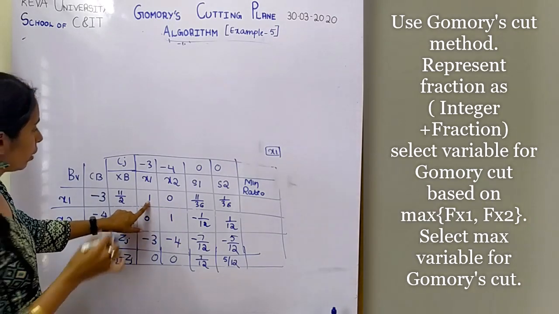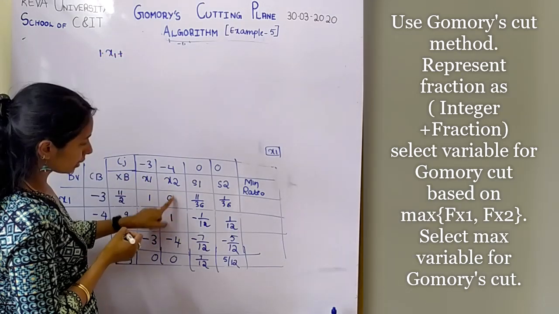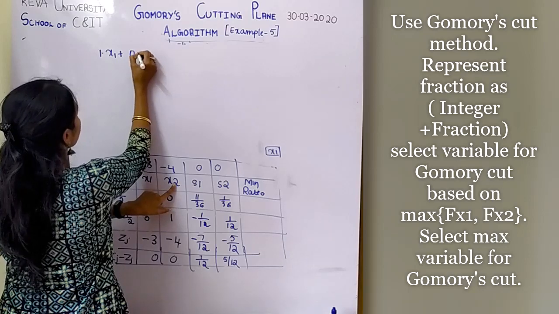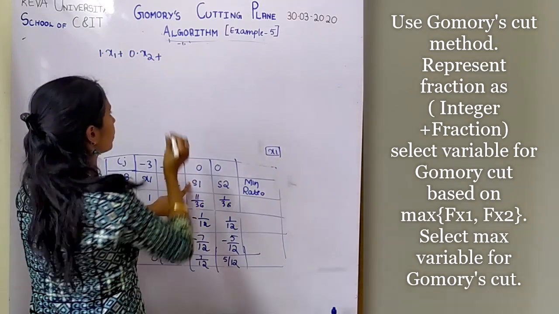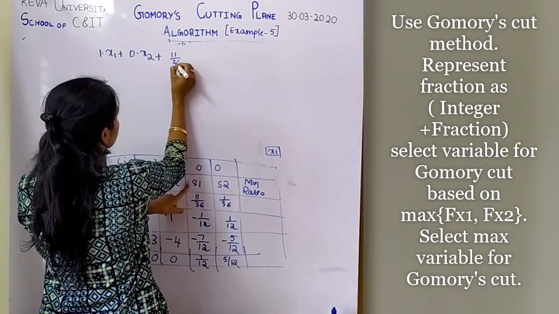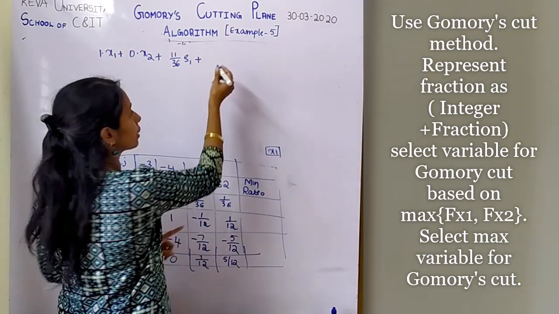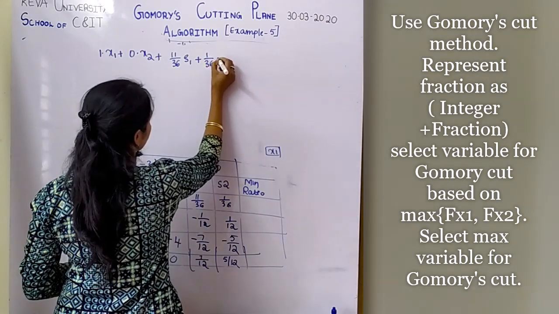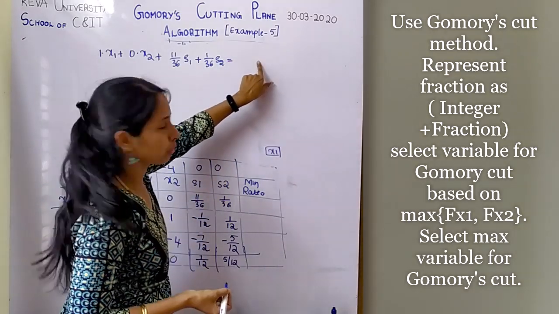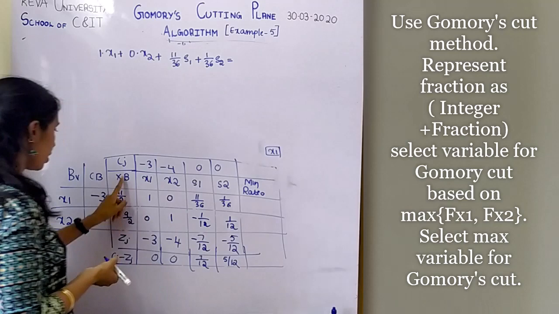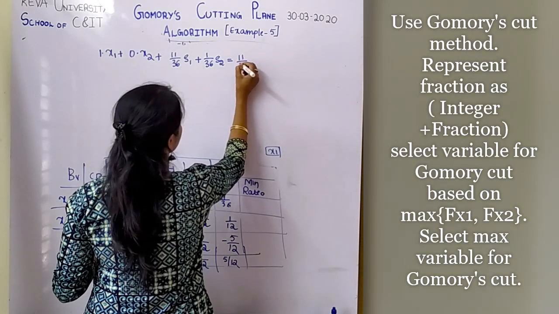So how will you write? 1 into x1 plus 0 into x2 plus 11 by 36 into s1 plus 1 by 36 into s2 equal to, what is this RHS or the solution, or what we call as XP? XP value for x1 is 11 by 2.